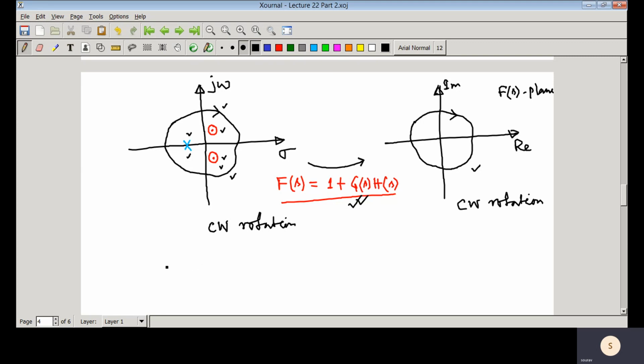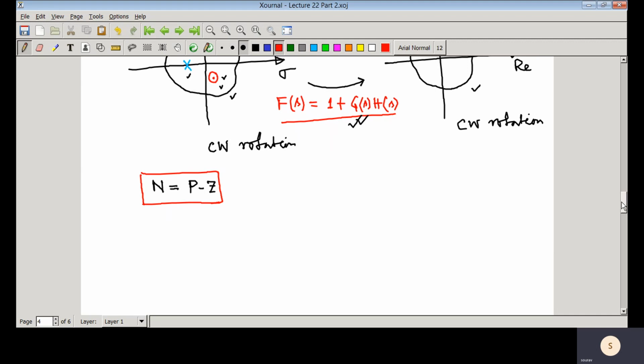So we can write a particular relationship from here. N is the number of encirclements, so N minus... N equals P minus Z. This particular relationship holds in this particular case, whatever we have discussed. What are N, P and Z?